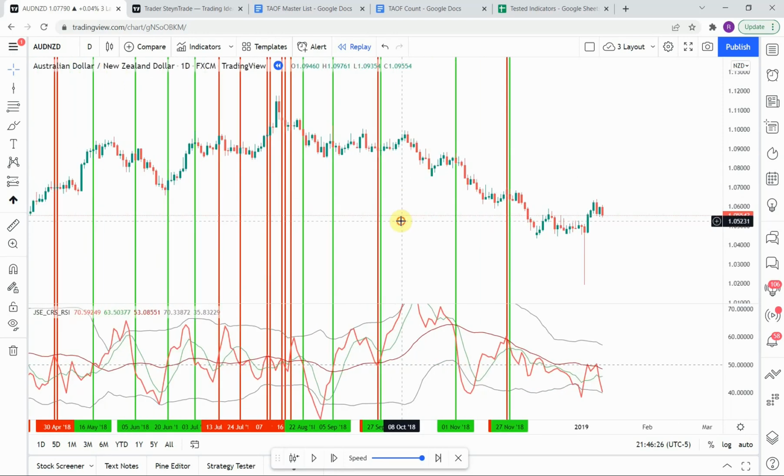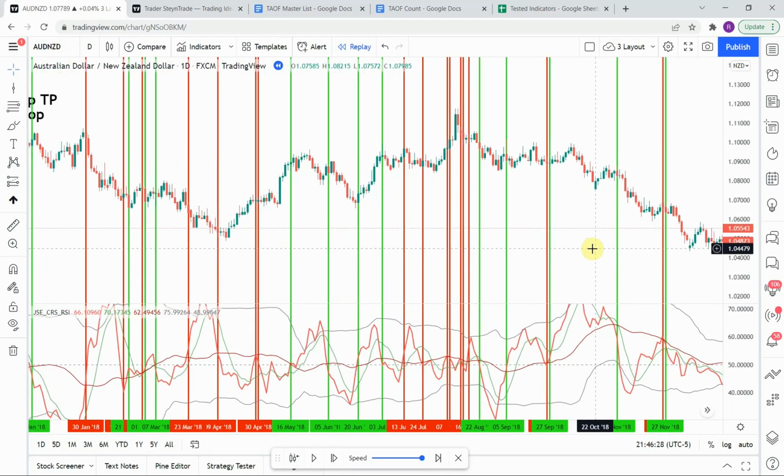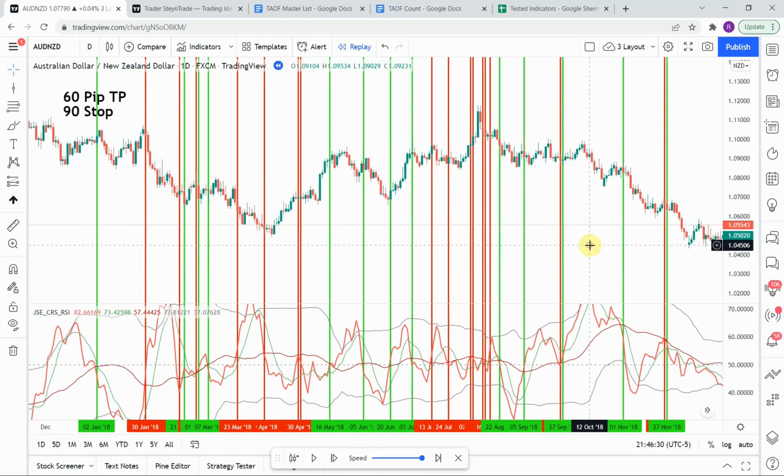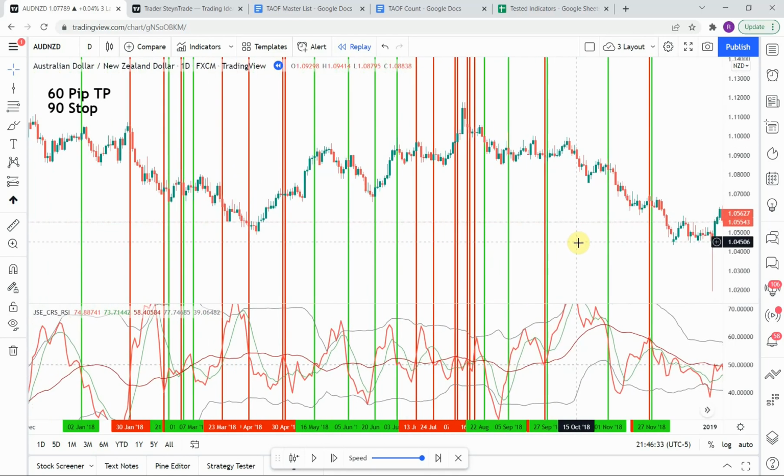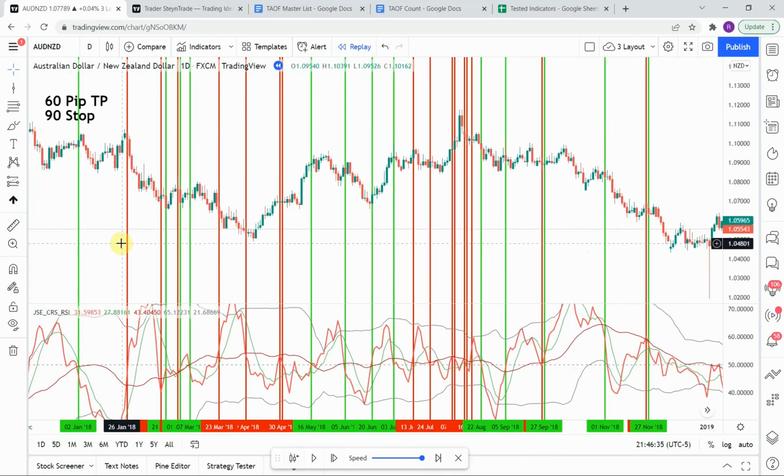All right, so let's go ahead and take a look at our indicator here. Everything in focus. There to there. Alright, let's go ahead and count these out and see what we got out of it.